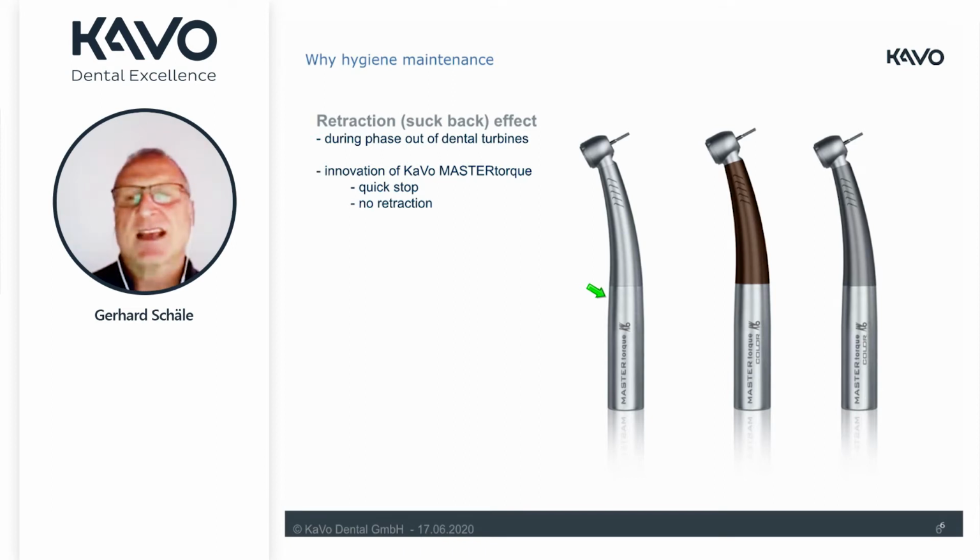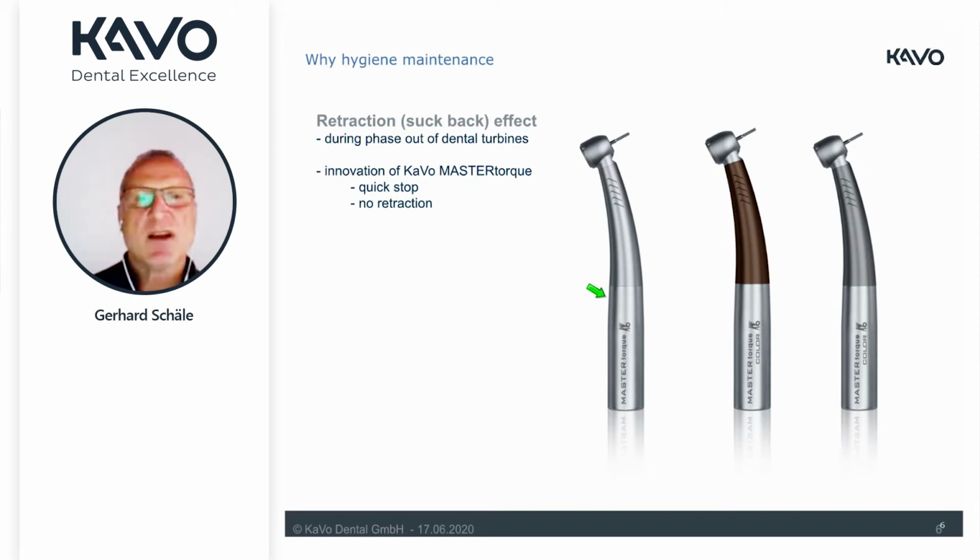What is KaVo doing to avoid in the best way these influences from the outside into the instrument? In our instrument range, when we talk about the high speeds or the turbines, that means air-driven instruments, in our master portfolio, the so-called Master Torque turbine, we are doing a special thing.